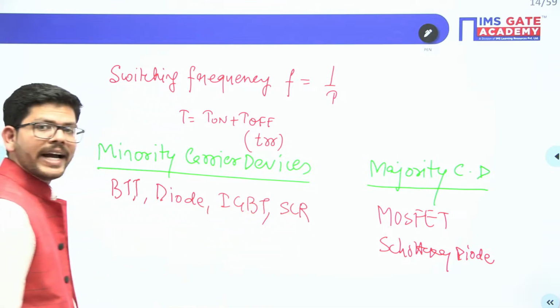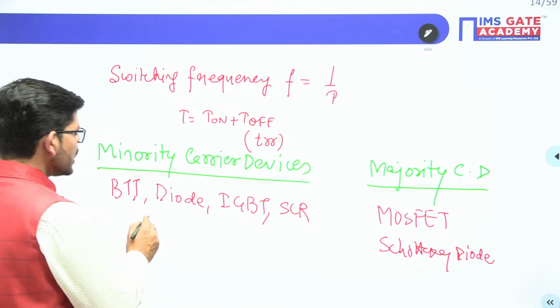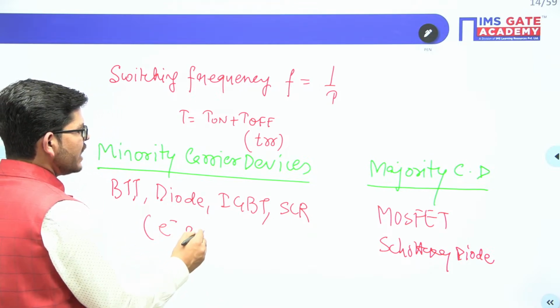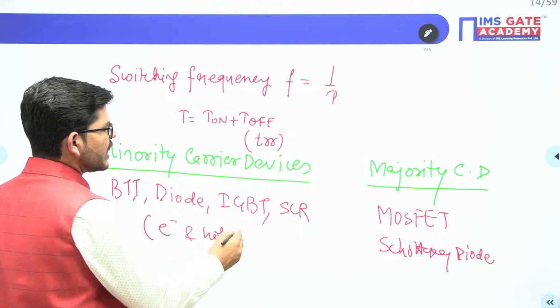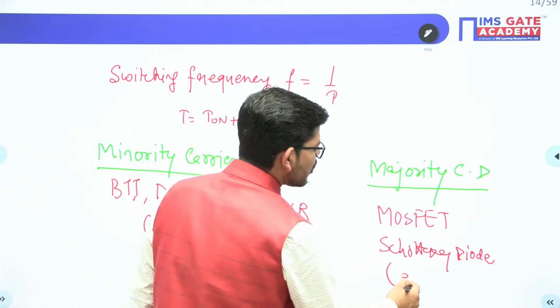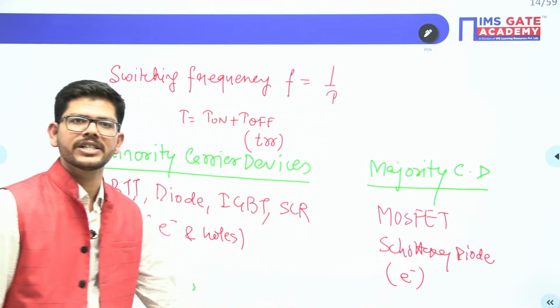All these are minority carrier devices because both electrons and holes participate in the conduction, but here only electrons are participating in the conduction.